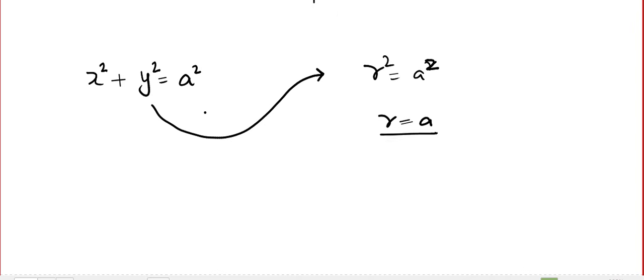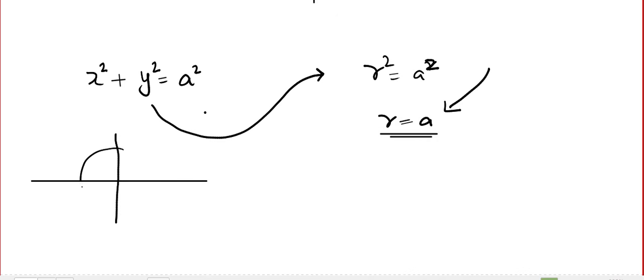Okay, so this is the polar language. Here it represents a circle with center origin and radius a.